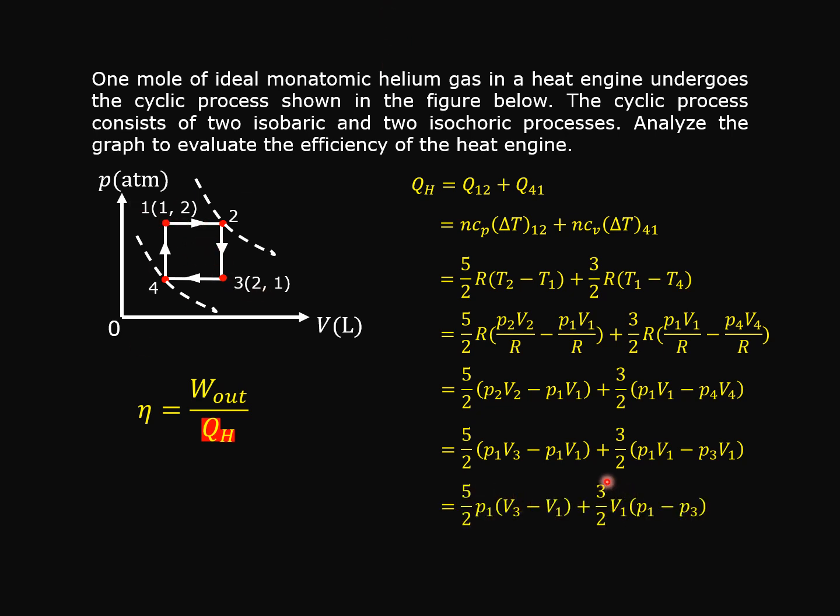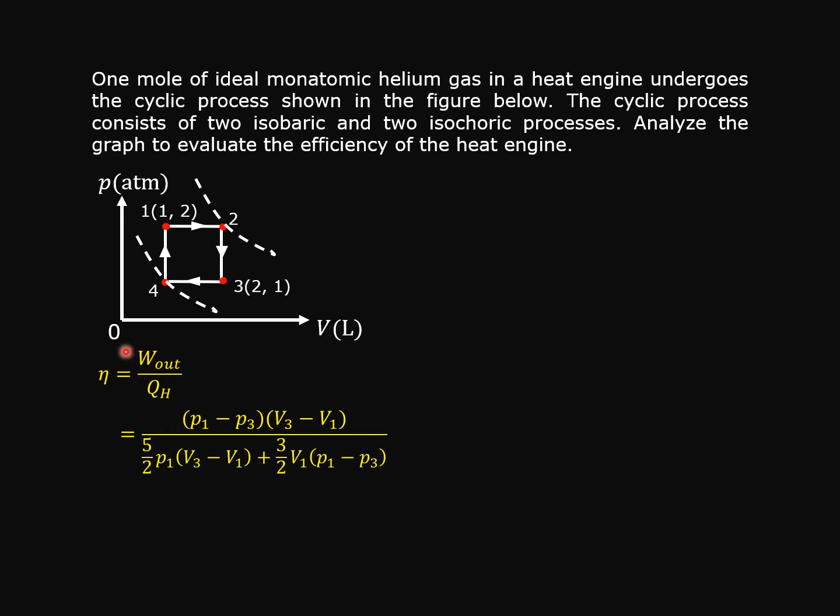We can further simplify these expressions by factorizing P1 in the first term and V1 in the second term. So this is the QH that we want. It's the simplest form in terms of the coordinates of state 1 and state 3.